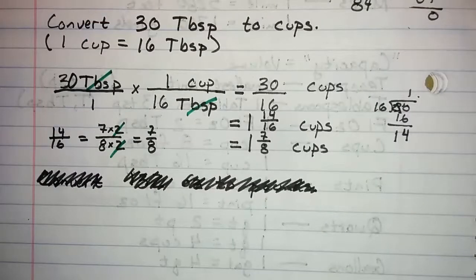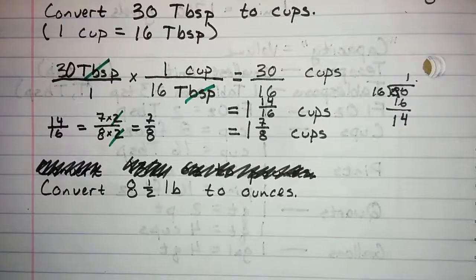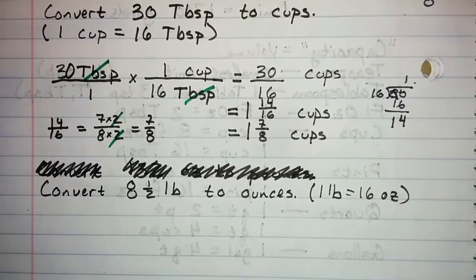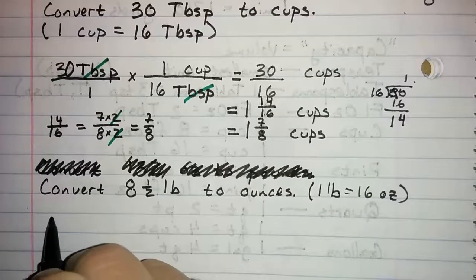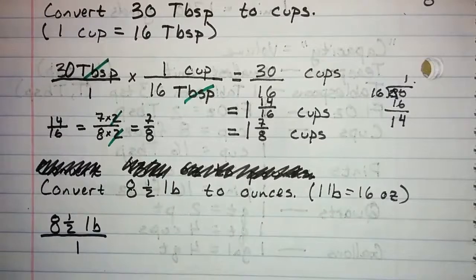Let's try one where we're going to want to do multiplication instead of division. Let's suppose we want to convert 8½ pounds to ounces, knowing that 1 pound is the same as 16 ounces. So we'll write our 8½ pounds over 1.